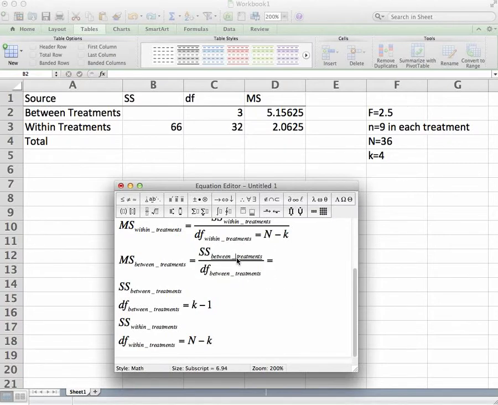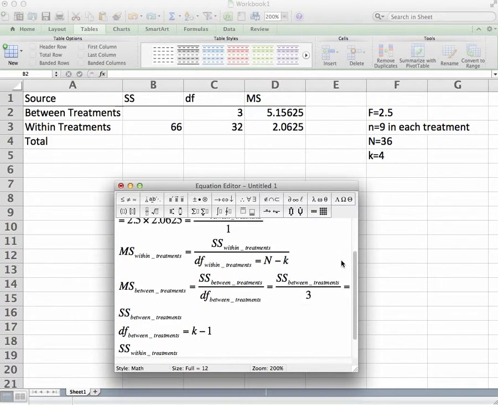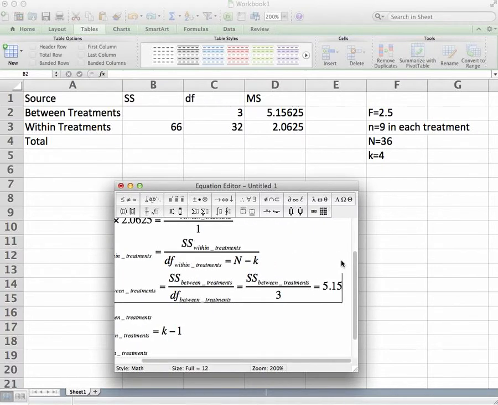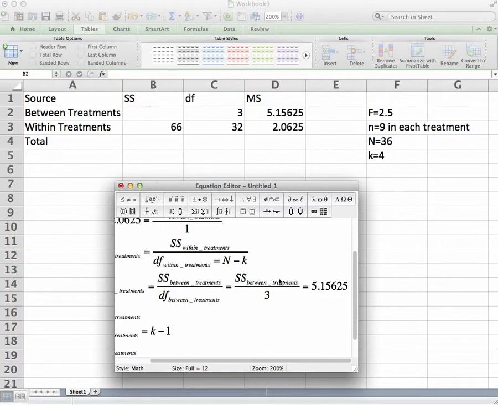That's equal to sum of squares between treatments, which we don't know, divided by degrees of freedom between treatments, which we do know. And that's equal to mean square between treatments. Well, we just calculated that. That's equal to 5.15625.